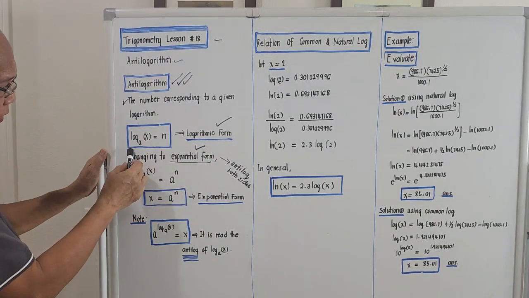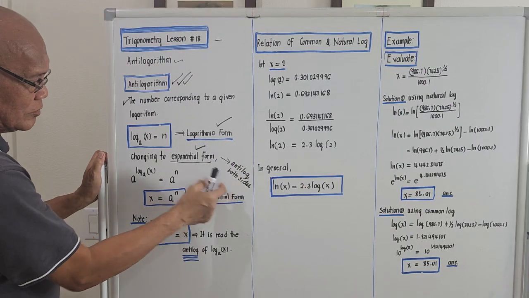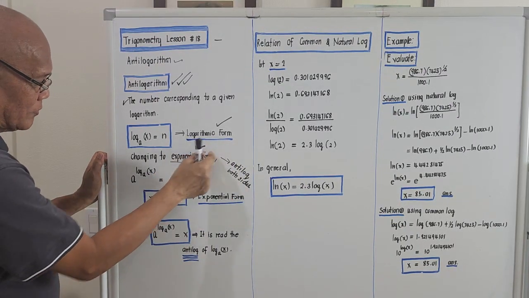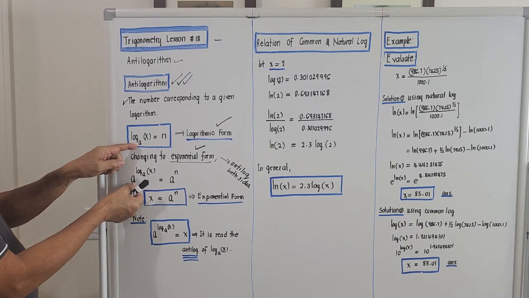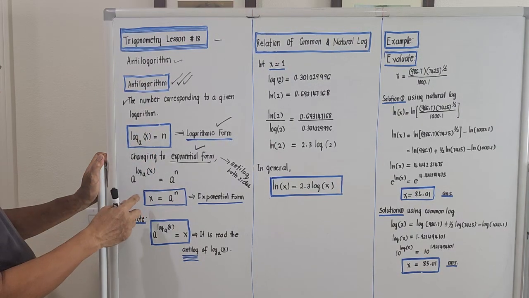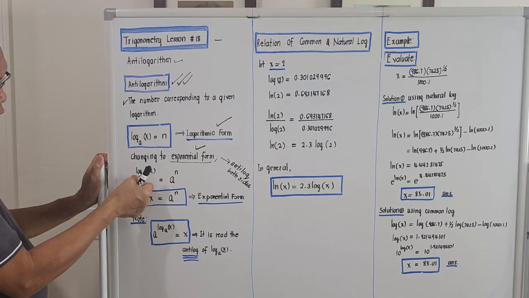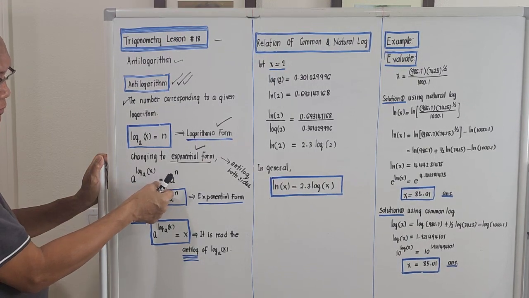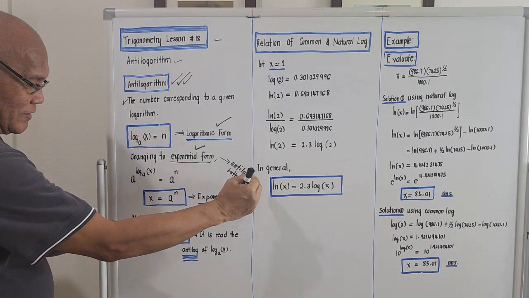So with this given logarithmic equation, if we take the antilog of both sides, or we change this to exponential form, we take the base. The base of our logarithm is a. We take the base and we raise it to an exponent, in which the exponent will be the left-hand side, that is, the logarithm of x with the base of a. And this should be equal to, whatever you do on the left, do it on the right, right?